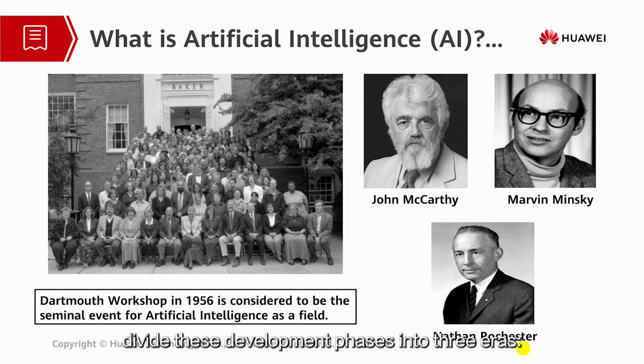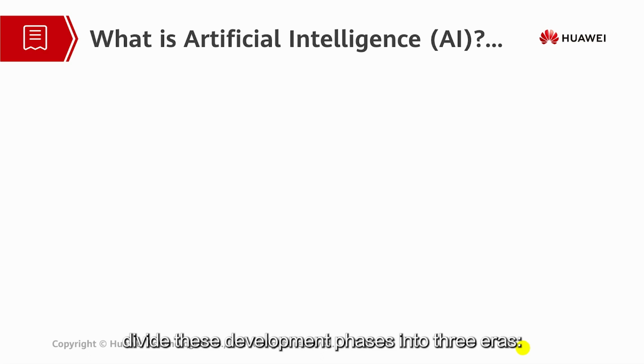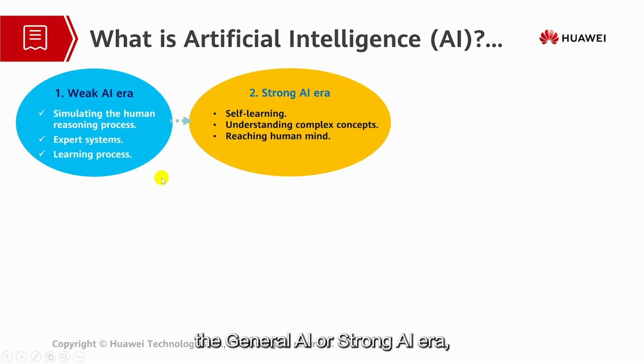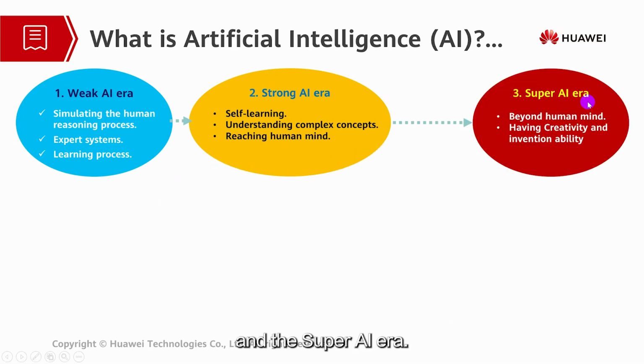We usually divide these development phases into three eras: the narrow AI or weak AI era, the general AI or strong AI era, and the super AI era. Weak AI can only perform its assigned tasks based on rules and decision-making processes.